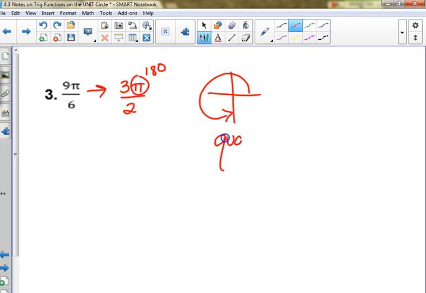Okay, it's called a quadrantal angle. A reference angle, by definition, is always a positive angle less than 90, okay?